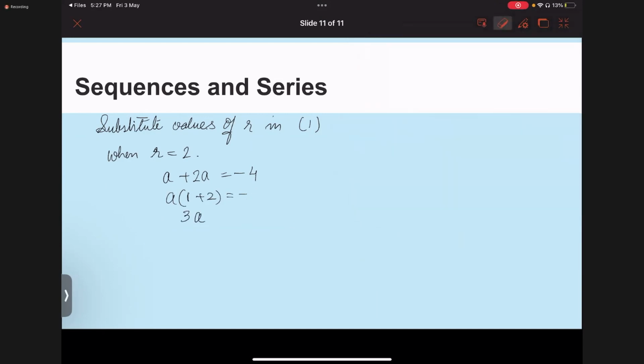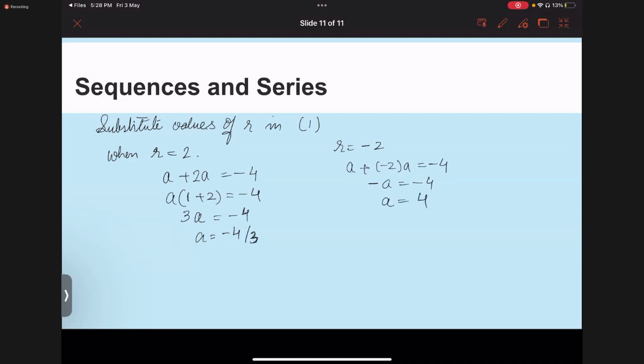So 3A is equal to minus 4 and A is equal to minus 4 by 3. Okay, so let us consider only this. Even if you take R is equal to minus 2, then this will become A plus minus 2A equals minus 4. So then this will actually become minus A equals minus 4 and A will be 4.